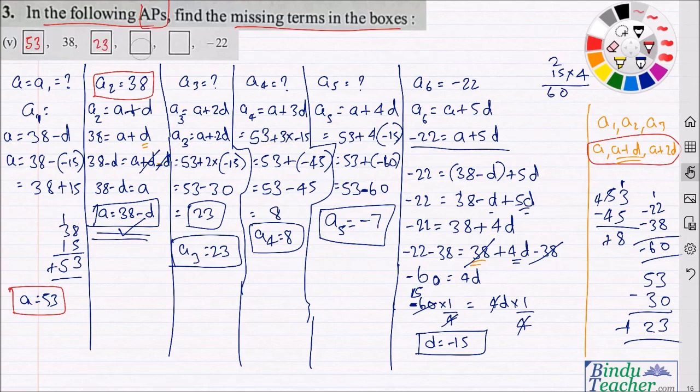The value of a4 is 8. And the value of a5 is minus 7. So with this, we can say that the list of missing terms are 53, 23, 8, and minus 7.